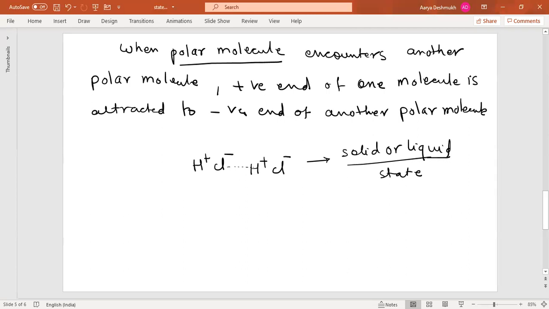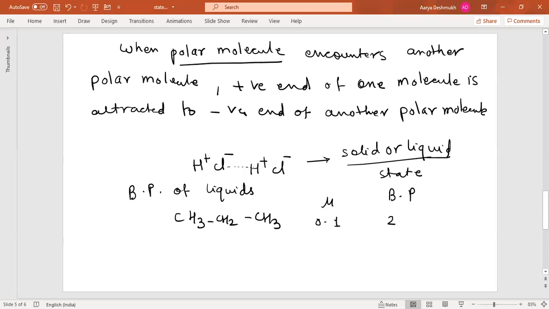Now, the effect of dipole moment: it is also seen that the boiling point of liquids is affected by the values of the dipole moment. If I quote an example like CH3CH2CH3, an alkane, its mu, the dipole moment, is 0.1, and the boiling point for this alkane was found to be 231 Kelvin.